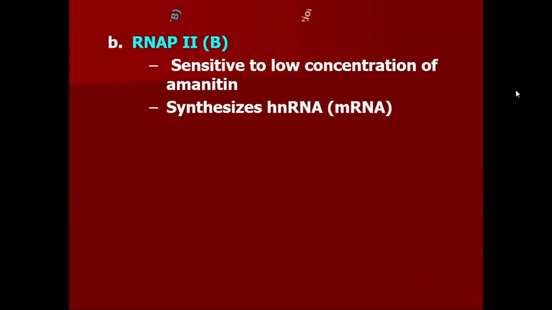This is the one that is inhibited by amanitin, even if the poison is present in low concentration. RNAP2 synthesizes the heterogeneous nuclear RNA that contains the introns and exons. Okay? It is the precursor of the mature messenger RNA.